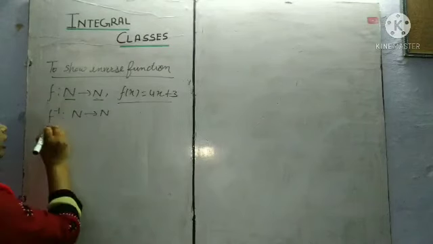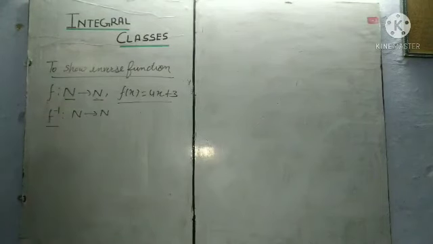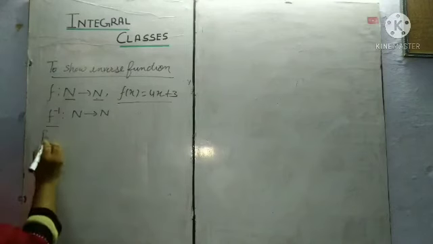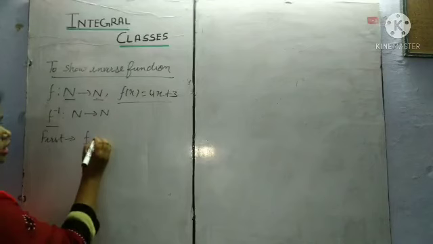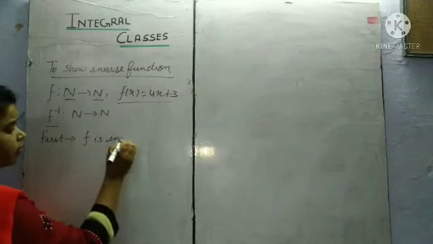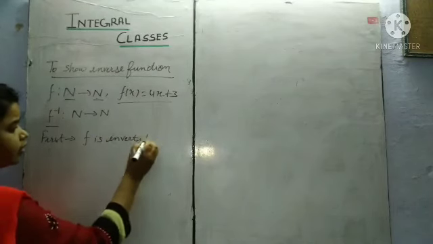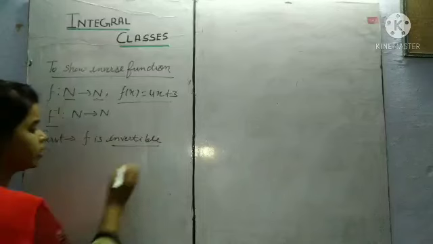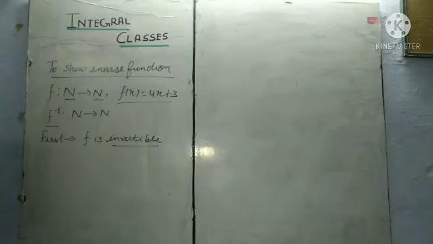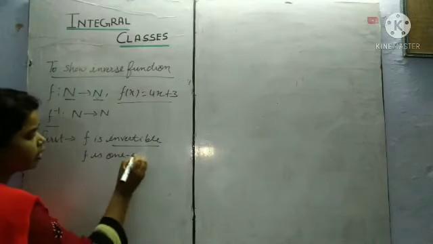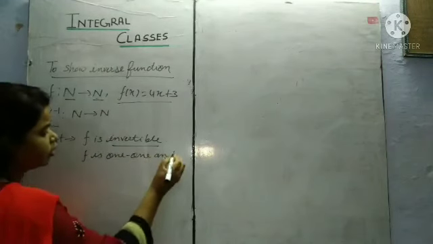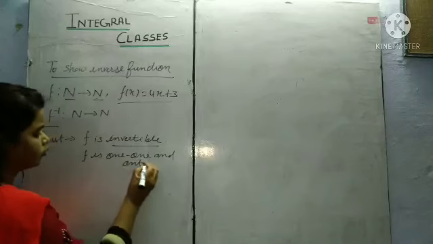So for finding an inverse function, first we will show that the function is invertible. So for invertible, what will we show? The function is 1-1 and onto.